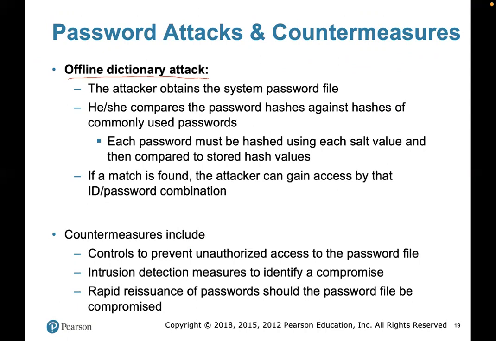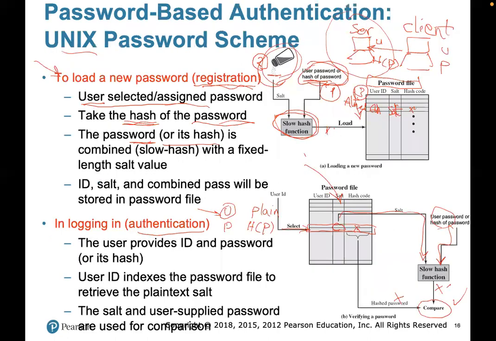Offline dictionary attack works this way: someone may get access to the password file. Here, this is a password file. Of course, this is a very important thing. If I'm an attacker and I get access to this password file, still I cannot do something, because all the passwords are here in the hashed format.